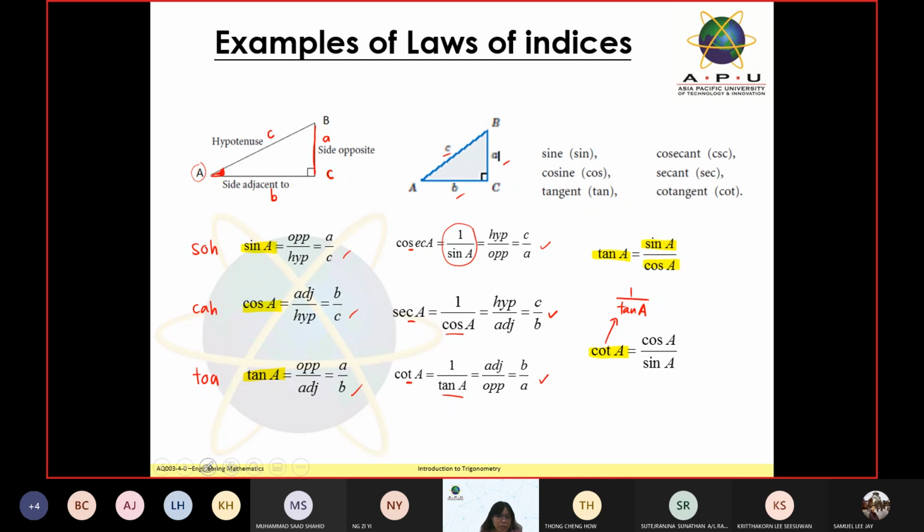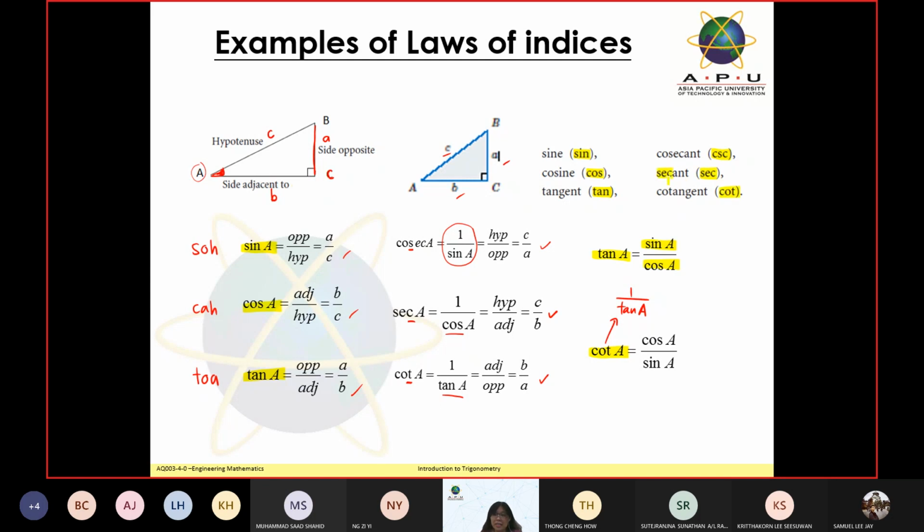Please take note of the short form that we use for each trigo function. For sine, sin; cosine, cos; tangent is tan. Then cosecant is csc, then secant and cotangent.